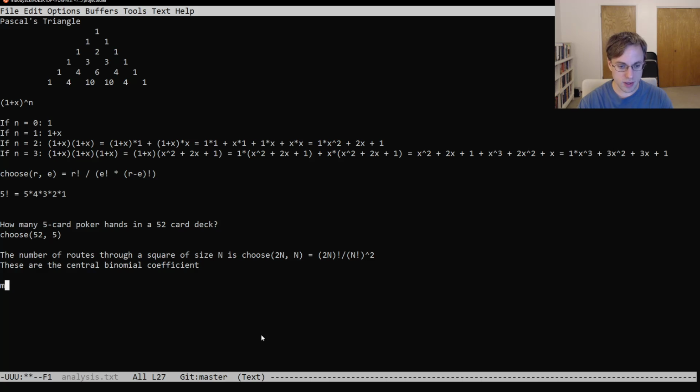I'm just going to call it mult LTE p comma n, and this is going to be the largest power of p less than or equal to n. And so this is basically just what I was describing, that we want to find how many times a given prime divides 2n factorial, and how many times it divides n factorial squared.